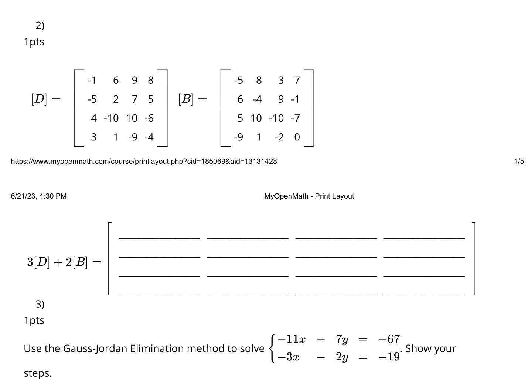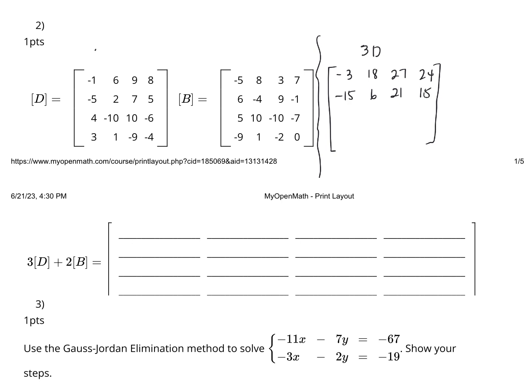So 3D would be negative 3, 18, 27, 24. Negative 15, 6, 21, 15.